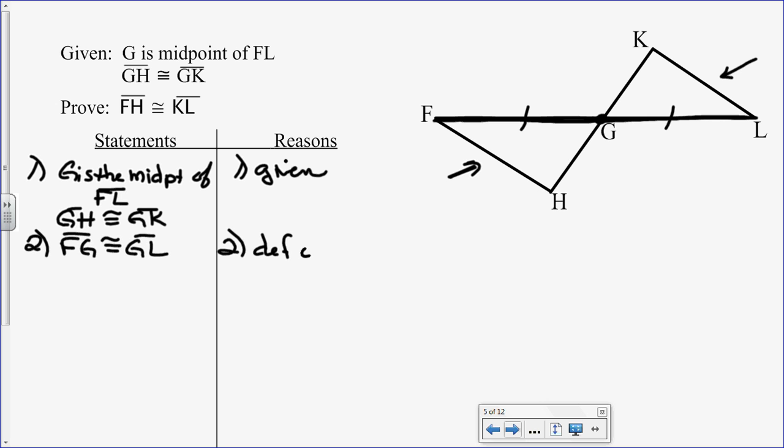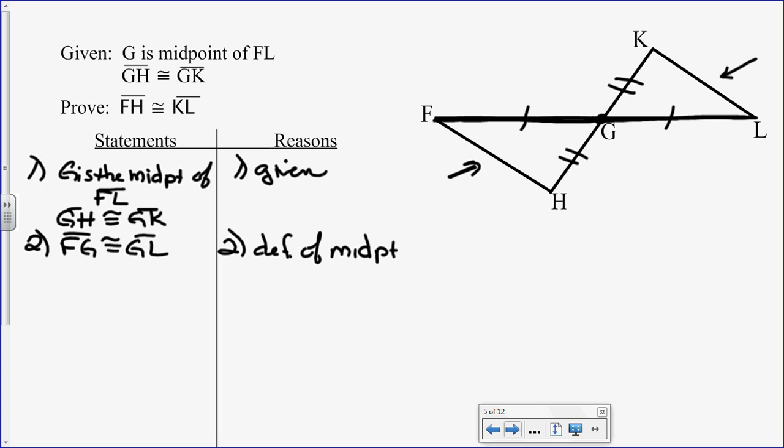Definition of midpoint. Okay? We also were told that GH and GK are congruent by a given. So we better mark GH and GK congruent. That would make G the midpoint of HK, isn't it?